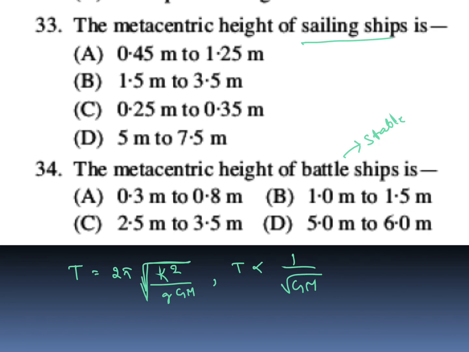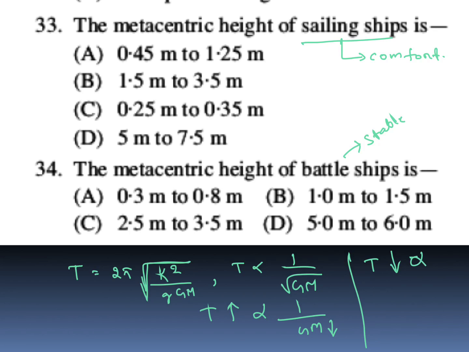So in case of comfort, your time period should increase. Time period should increase means GM should decrease. And in case of a battleship, stability is important. So time period should be less and your GM should increase.